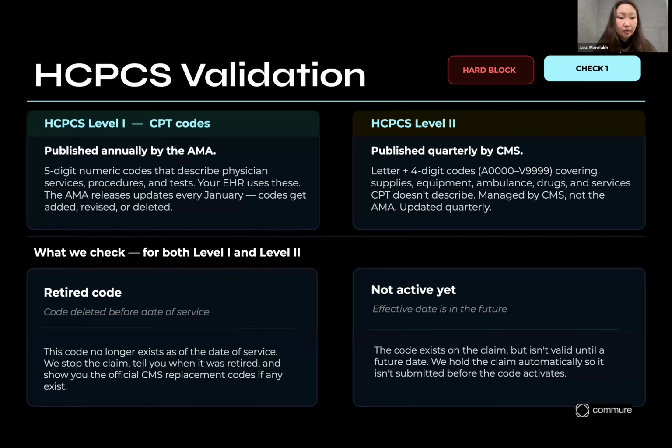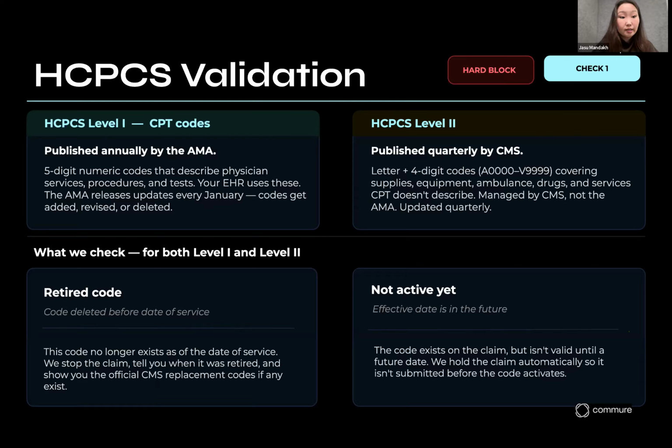Level 1 is basically CPT codes, which, as we know, are updated annually by the AMA, while HCPCS level 2 are updated quarterly by CMS. CPT codes cover all different surgeries, treatments, radiology, etc. For level 2, a lot of it could be supplies, drugs, equipment, and DME codes.